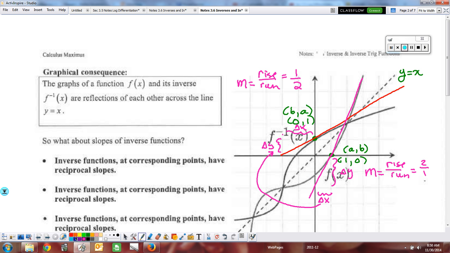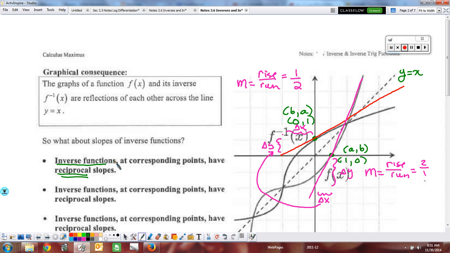And the key is, what is the relationship between the slope of the tangent on the inverse and the slope of the tangent on the original function at corresponding points? Inverse functions at corresponding points have reciprocal slopes. All you're doing is interchanging x and y, so you're interchanging the rise and the run.